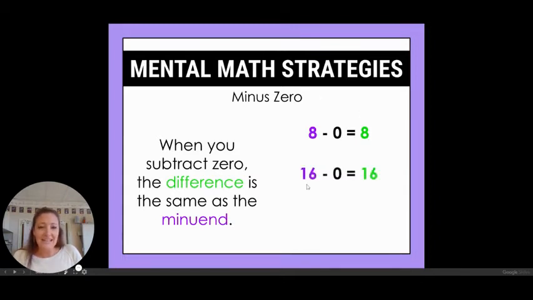Same thing with 16 minus 0. Minuend, difference, both the same because I'm not taking anything away. And that's true no matter what number you use. So even if you use a number such as 6,514, if you subtract 0, your difference, your answer, is going to be 6,514.